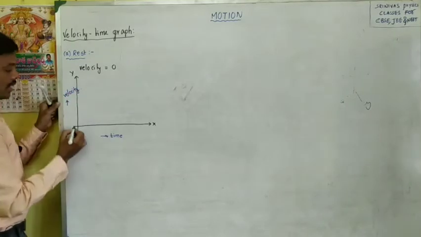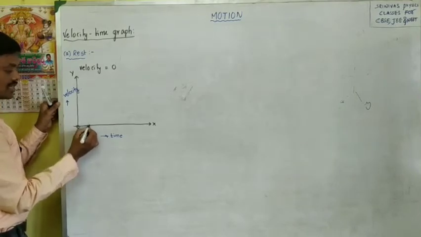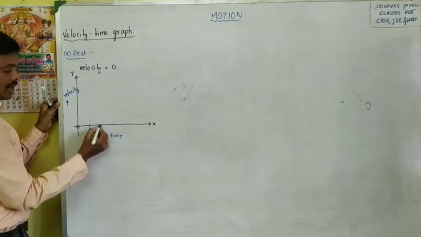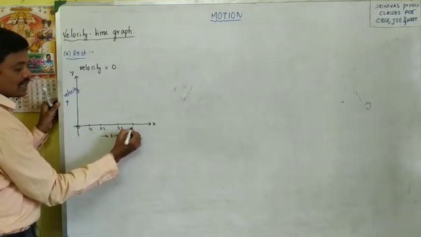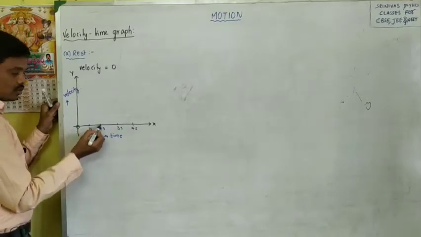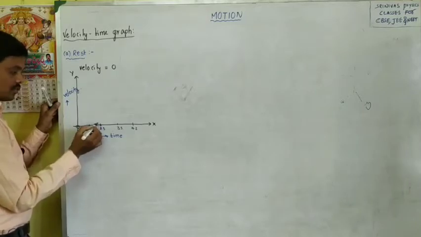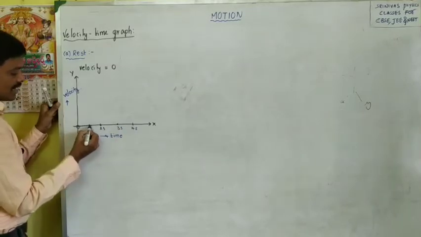At time t equal to 0 seconds, velocity is 0, so the point is 0 comma 0. This is 1 second, 2 seconds, 3 seconds, and 4 seconds. After 1 second the velocity is 0, so 1 comma 0, 2 comma 0, 3 comma 0, 4 comma 0, and we will get a straight line like this.